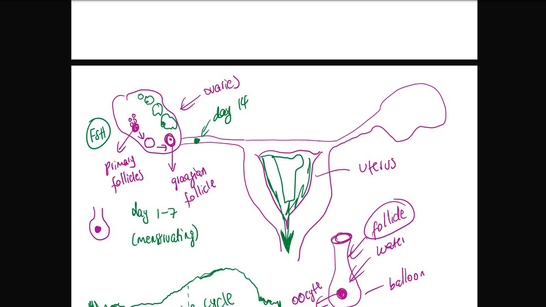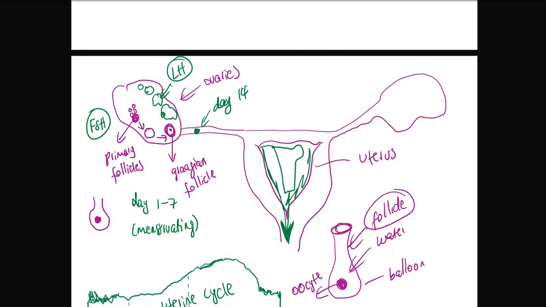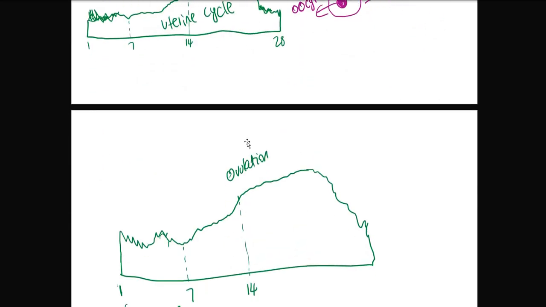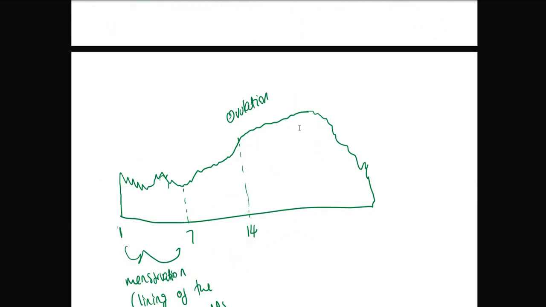So meaning the LH that is being produced by the corpus luteum is the one that will be responsible for the thickening, and that's why here you are seeing that there will be thickening of the uterus because of LH. But now, if implantation didn't occur, then the graafian follicle degenerates, and then you menstruate, and then the cycle starts again.